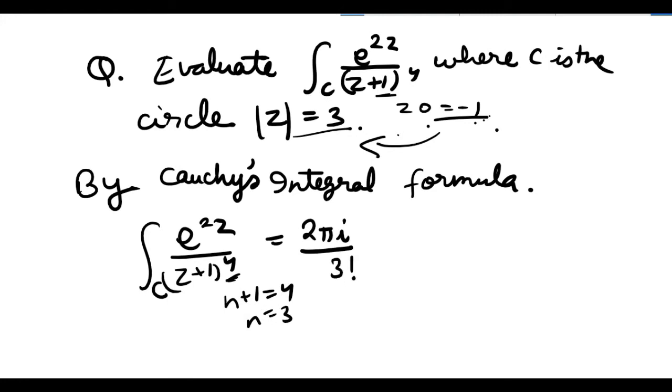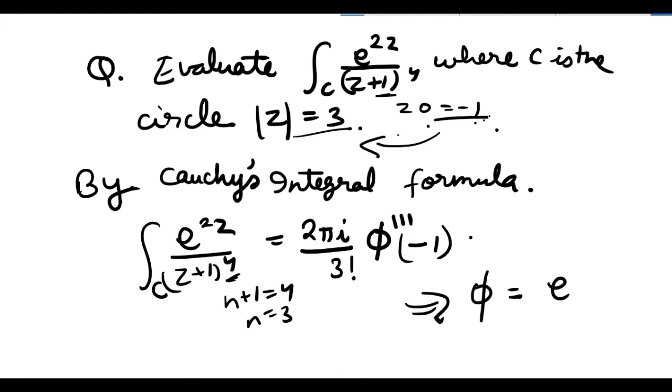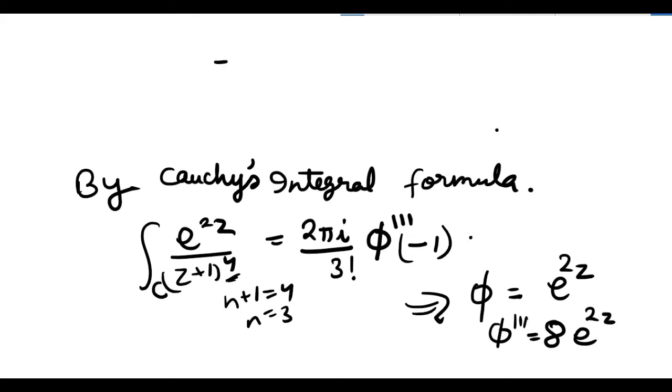So 3 factorial into phi with its triple derivative, at the point z is equal to minus 1. Here phi will be e to the power 2z and its triple derivative would be 8 e to the power 2z.